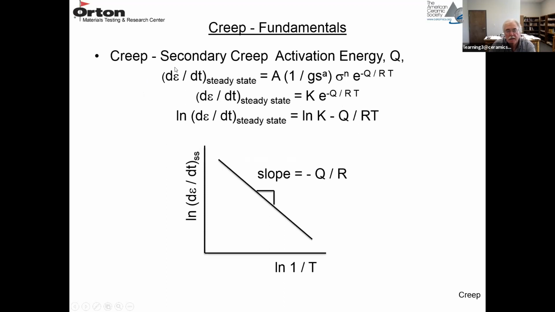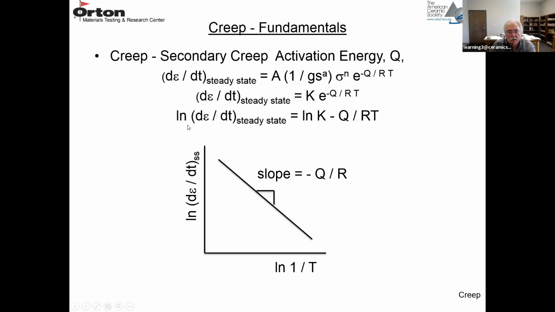We can isolate the temperature or the activation energy. So if we hold the grain size constant, this is our regular or normal creep equation, holding the grain size constant, holding the stress constant, but varying the temperature, we end up with this equation where the constant has the grain size and the stress in it. So the strain rate equals a constant times e to the minus Q over RT.